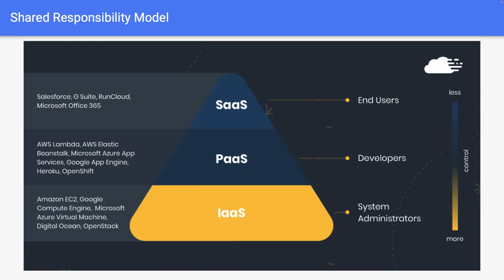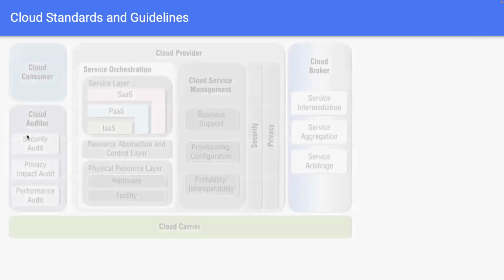In platform as a service, a vendor takes responsibility for the operating system, whereas the customer retains responsibility for the data being placed in the environment and configuring security. In software as a service, the provider takes on almost all security responsibility, and the customer retains some shared control over the data.